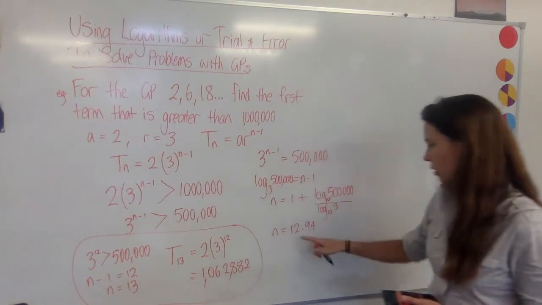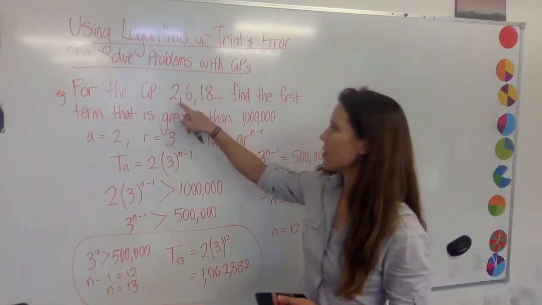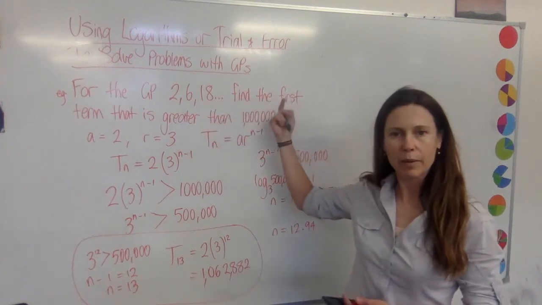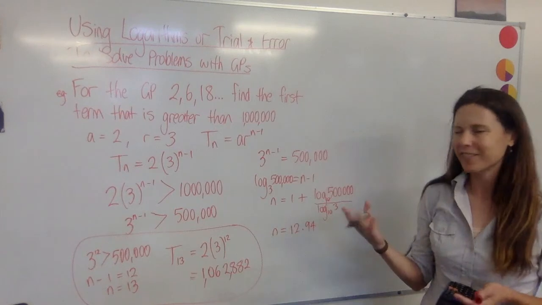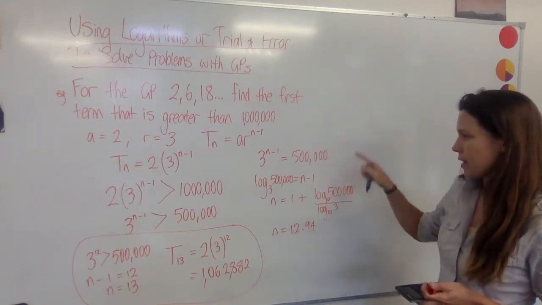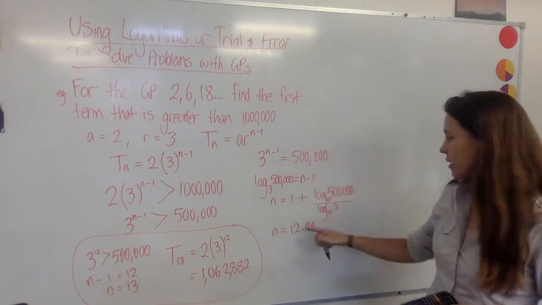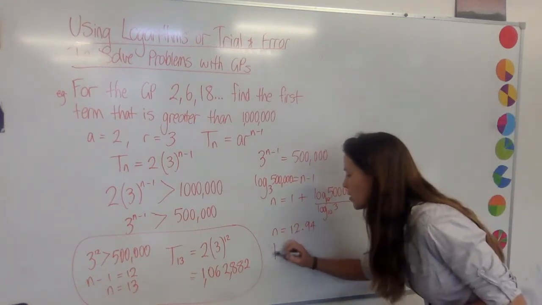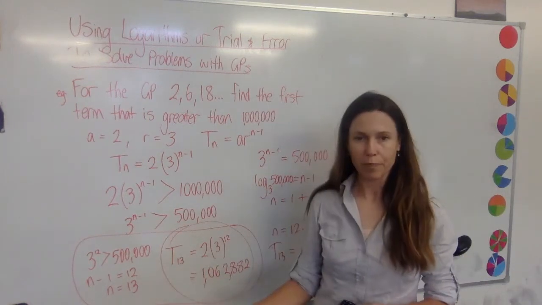So you're going to either want the 12th term or the 13th term. And thinking through, this is getting bigger as it goes up. So if the 12.94th term, which doesn't really make sense, does it, is equal to the thing we want, then to be bigger than that, we're going to need the 13th term. And so then you can go ahead and find the 13th term exactly as we did before.